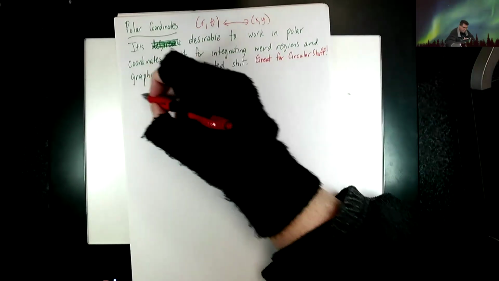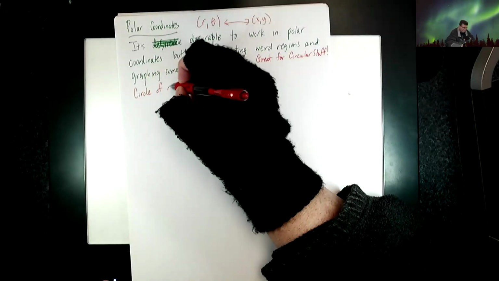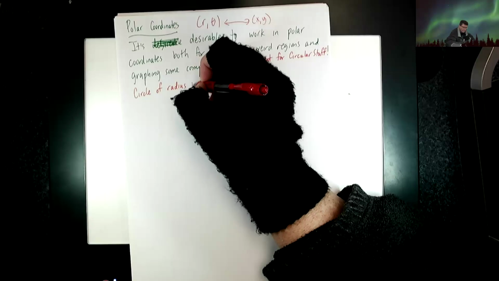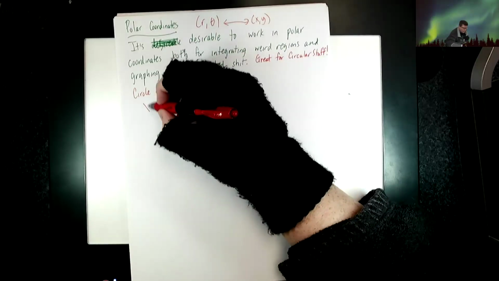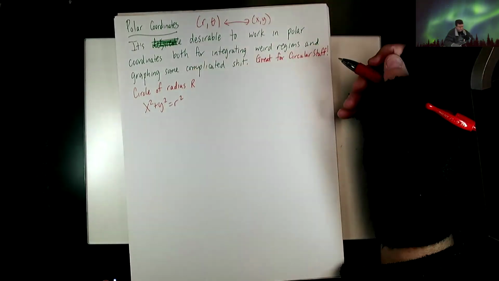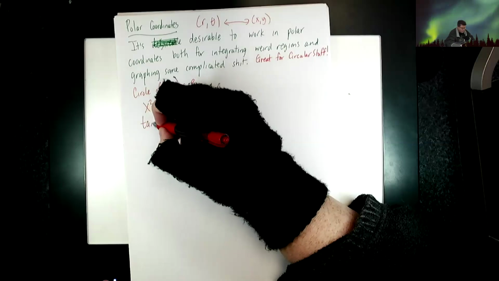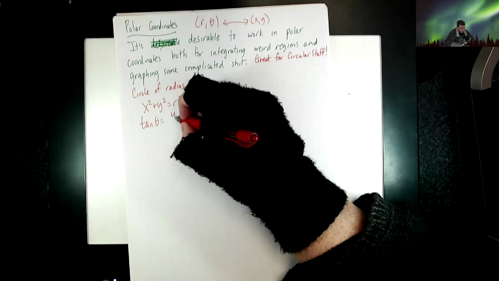So how do we do it? It's based on the circle of radius r, which has the equation x squared plus y squared equals r squared. And we can find theta by doing tangent theta equals y over x.